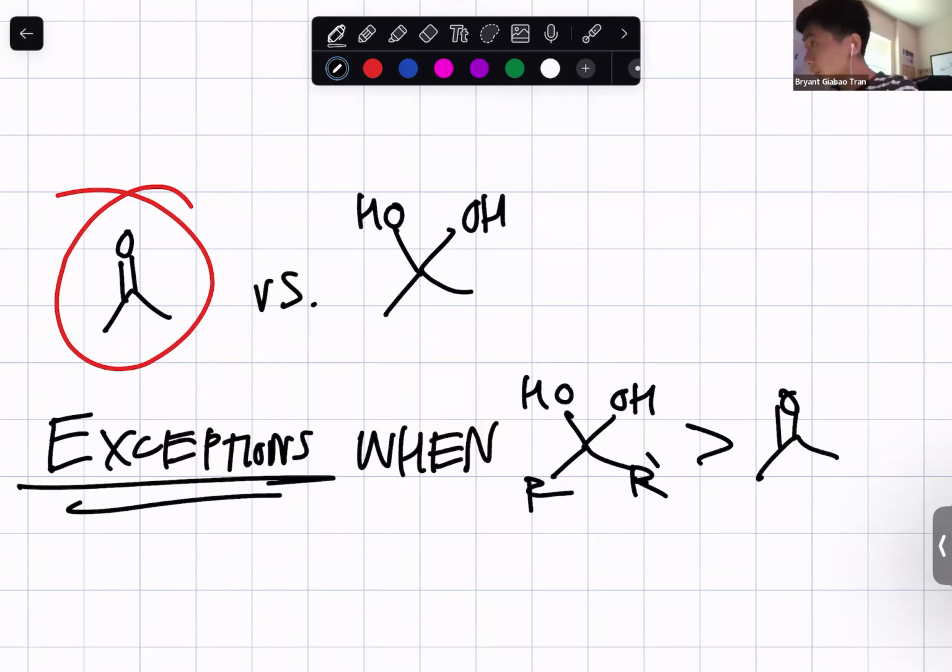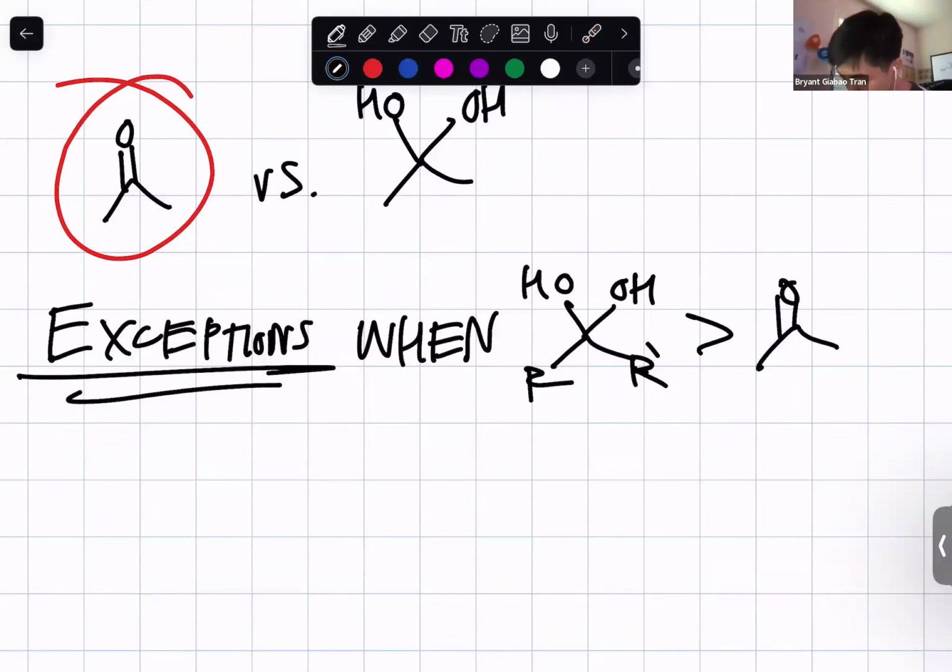So she did go over the exceptions. Make sure to know the exceptions when a geminal diol would be more stable than a carbonyl. Okay, so here are some exceptions.